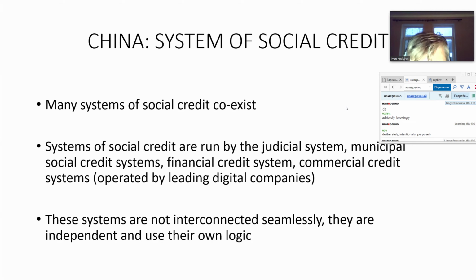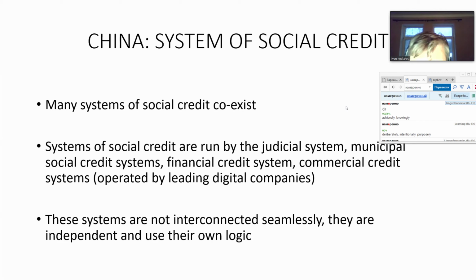It is about compliance with legal decisions. Municipal social credit systems. It is about your social behavior within your municipality. Financial credit system, very simple, about your bad debts. And commercial credit systems, your customer behavior actually. Commercial credit systems are operated by leading digital companies in China, like AliExpress, like Tencent, etc.